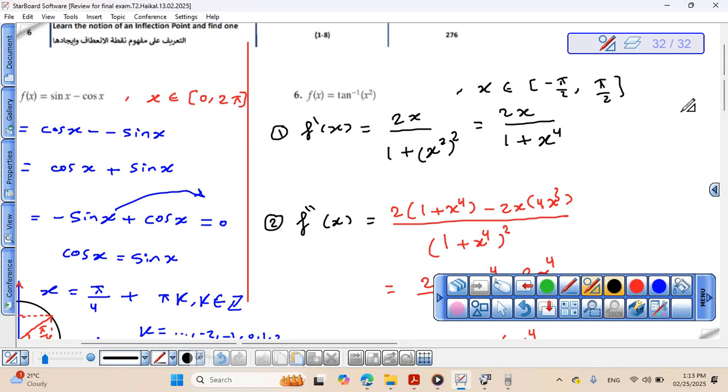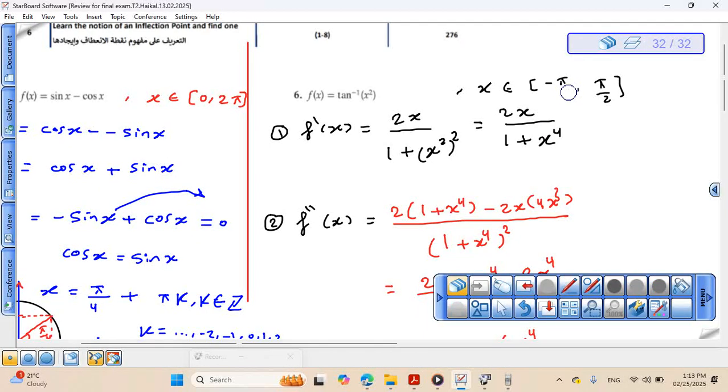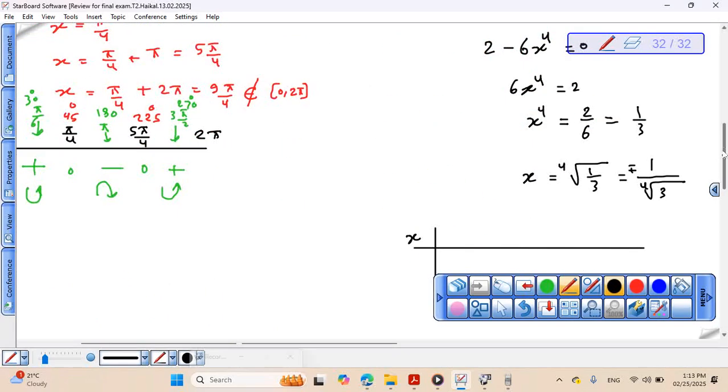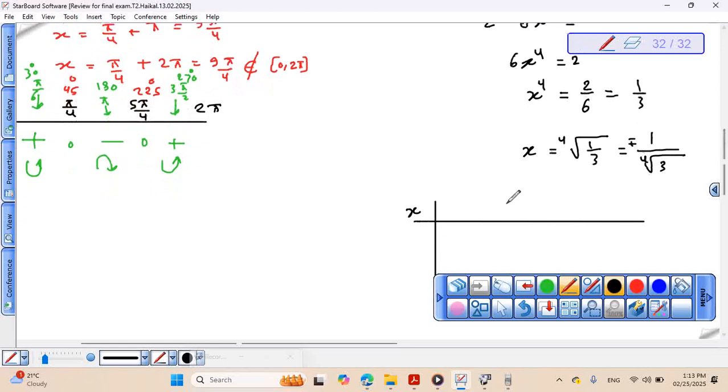Yes. Okay, go down. I think here the restriction is from -1 to 1. Here x from -1 to 1.